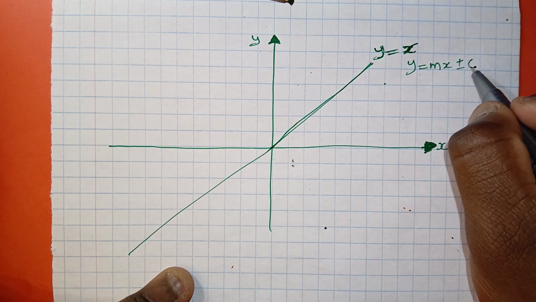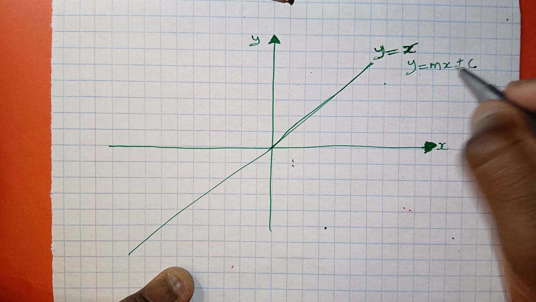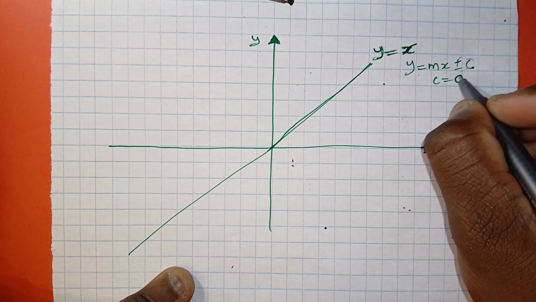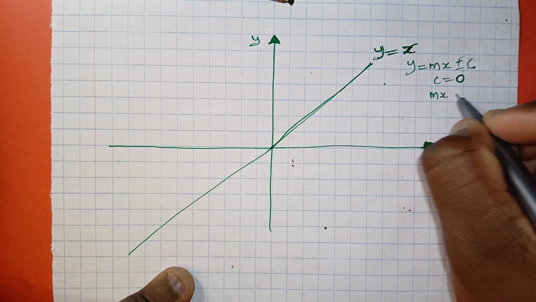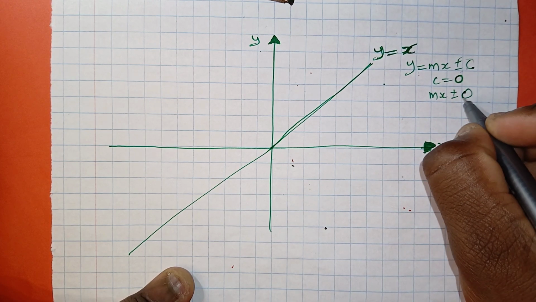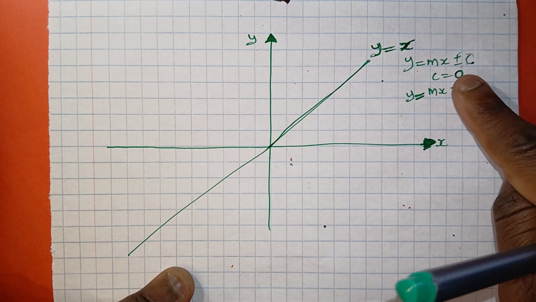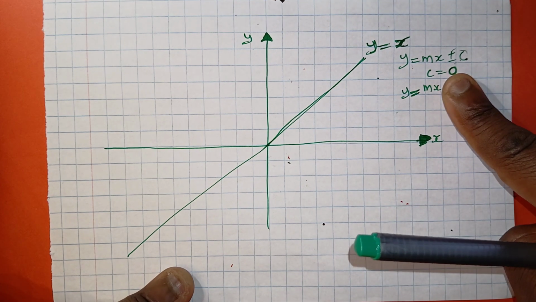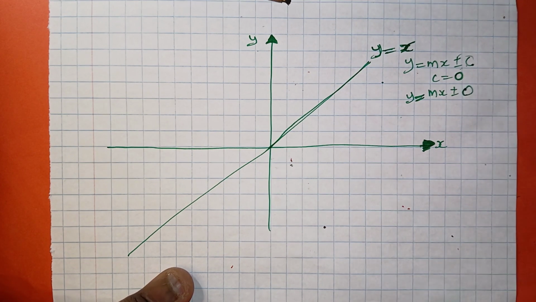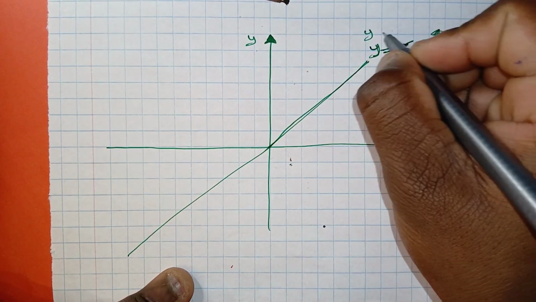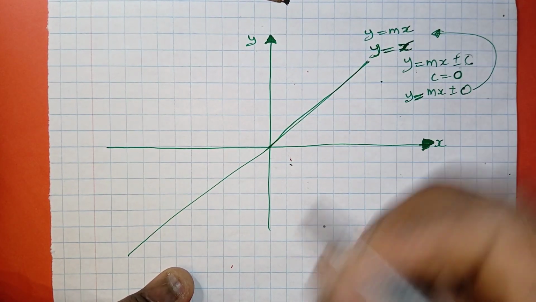And now our y-intercept is equal to 0, meaning that the equation becomes mx plus or minus 0 is equal to y. Do you see? And now this 0 will just disappear, and the equation will become y = mx.